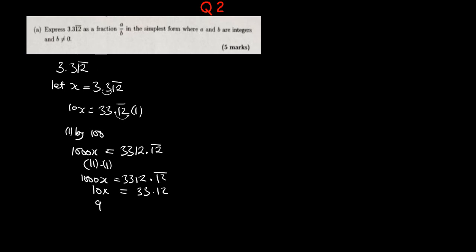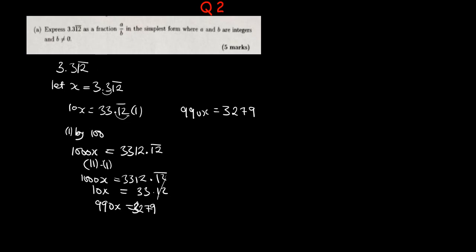On the right, subtracting the bar parts gives 0, of course, and the remaining subtraction gives 3279. So we have 990x is equal to 3279, and we divide throughout by 990.